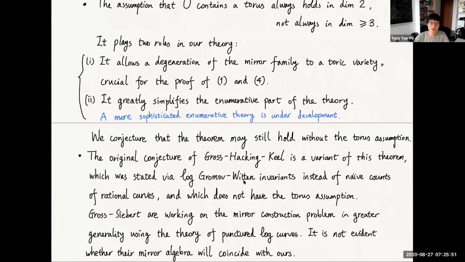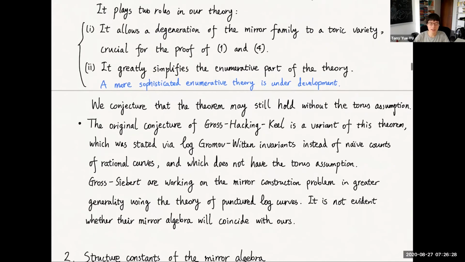It's not clear whether these invariants are the same as these simple naive counts. So Gross-Siebert are working on the mirror construction problem in greater generality using the theory of punctured log curves. And the comparison between their algebra and the one I explained above is not so obvious.